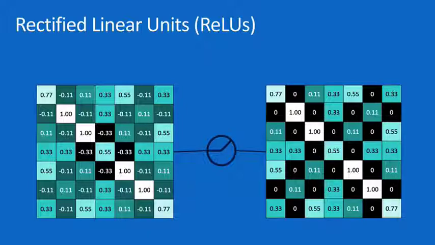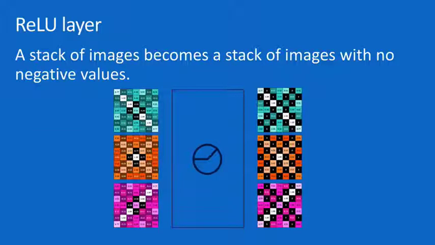The ReLU is perhaps the most straightforward operation we've seen today, where essentially a stack of images becomes a stack of images with no negative values. Convince yourself that ReLU is not going to interfere with the spatial distribution of where the large values appear in our images, because it's only affecting negative values.